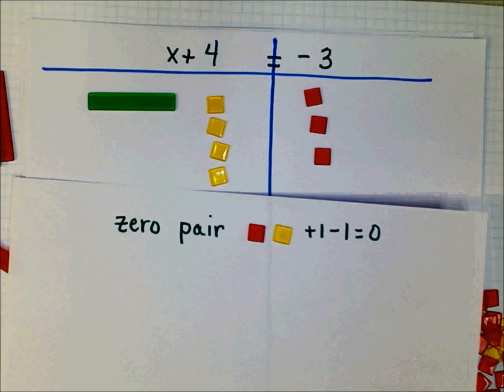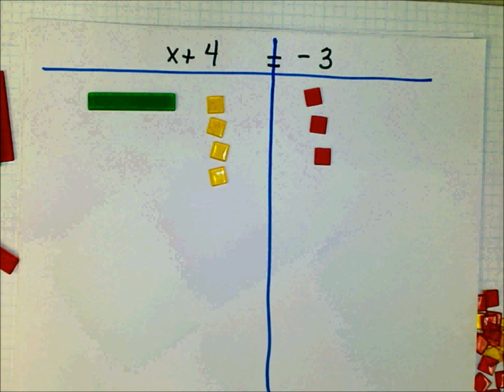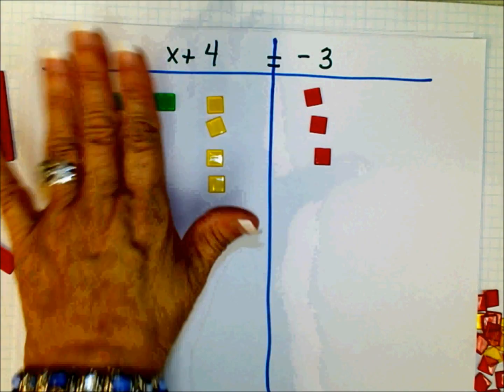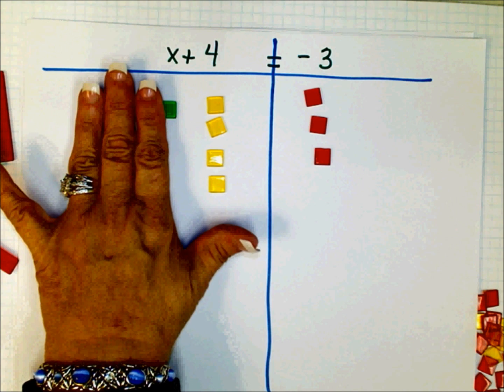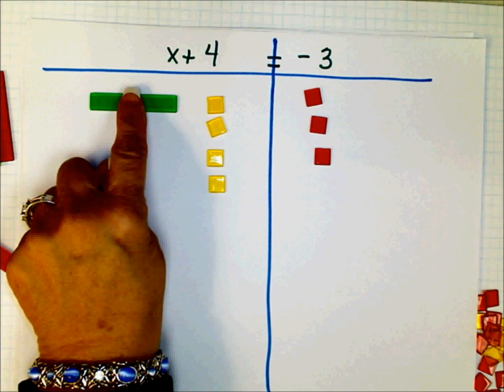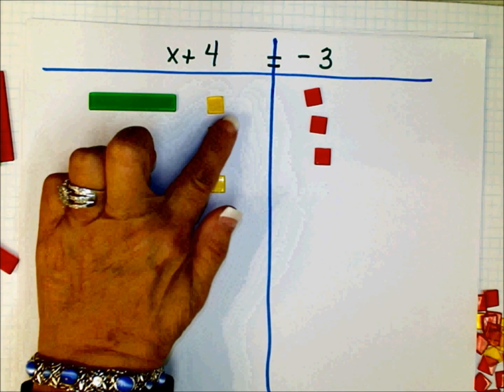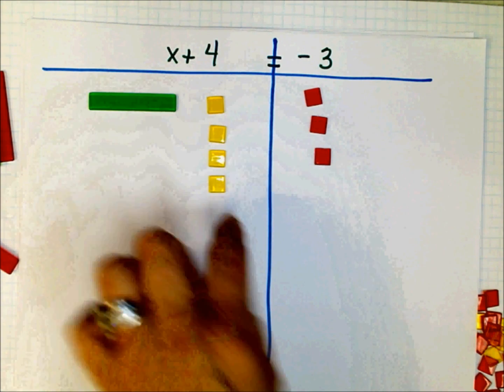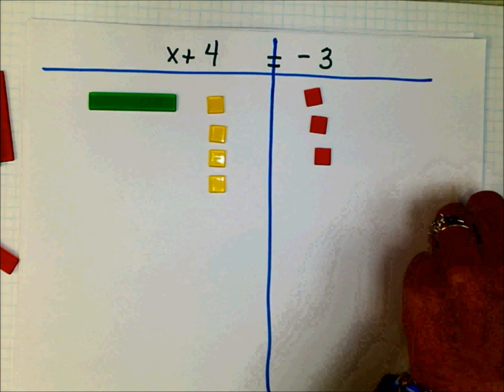So if we use that concept with what we already have, basically I want to get this x, or this rectangle, all by itself so that I can identify the value of one of those rectangles. So in order to do that, I need to make zero pairs in order to get rid of all of these yellow squares.